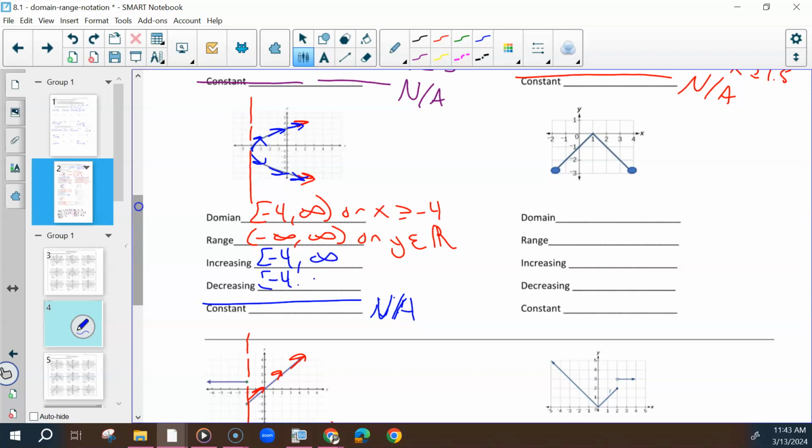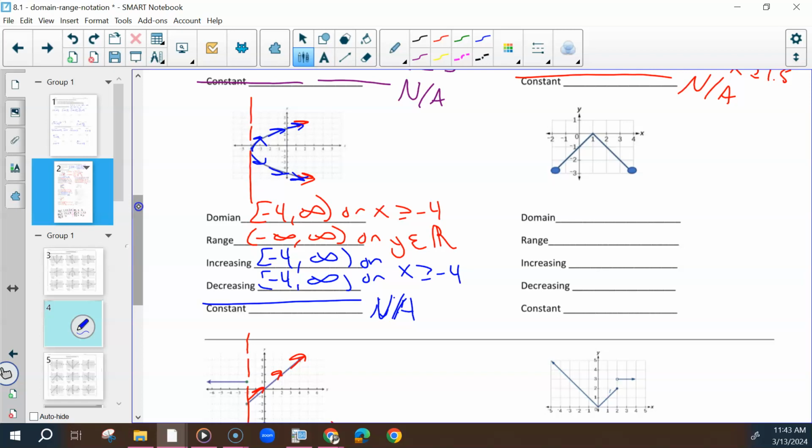Infinity. So that was a weird one because normally you won't see something like that, because we want our functions to actually be functions facing up, facing down, not sideways.